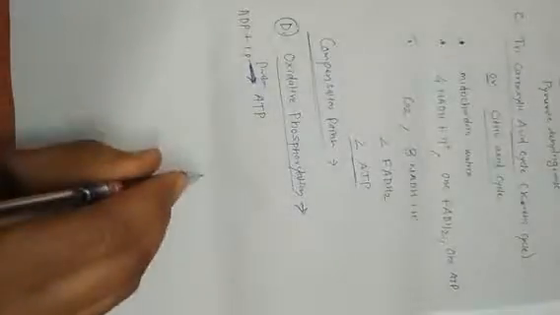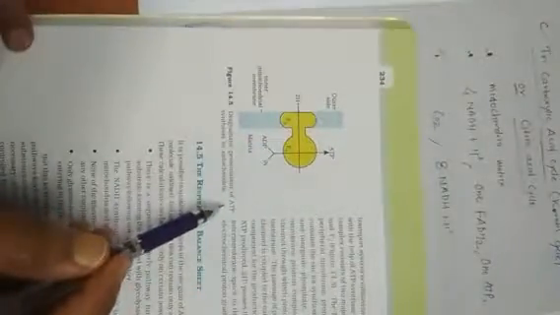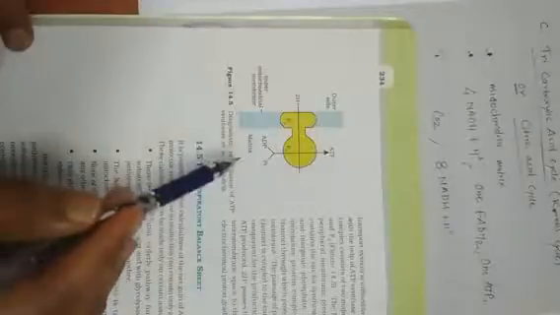This takes place in elementary particles present on the inner membrane of cristae of mitochondria. This process in mitochondria is catalyzed by ATP synthase. In your textbook, this is the diagrammatic presentation of ATP synthesis in mitochondria.